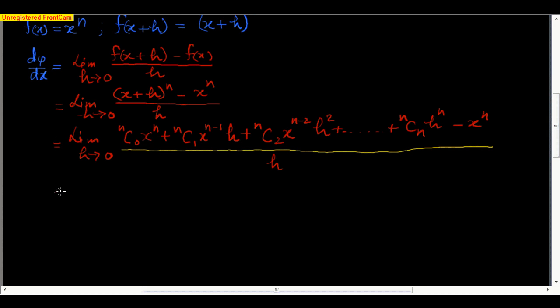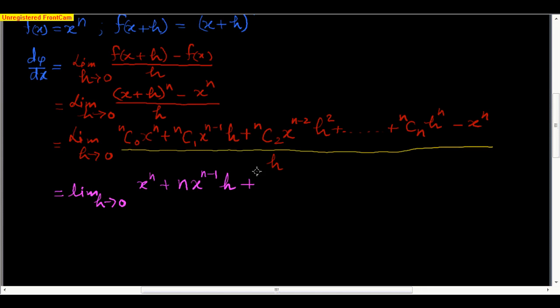Now limit h tends to 0. nC0 is 1, so it is x power n plus nC1 is n, so n x power n minus 1 into h.